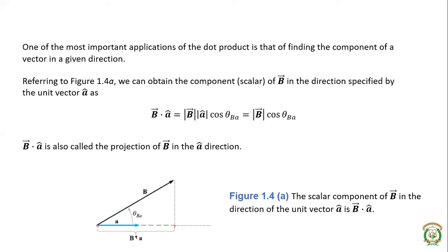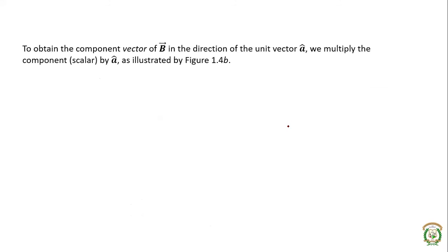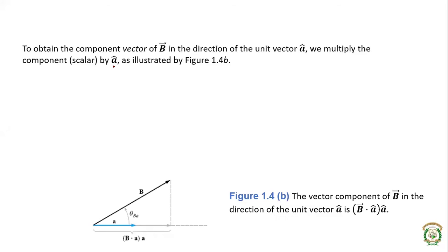It has only magnitude. It does not have any direction. It is just a number. But if you want the vector component of b in that direction, you should take the scalar component and multiply it by the unit vector. The same diagram, but here we are finding the vector component.